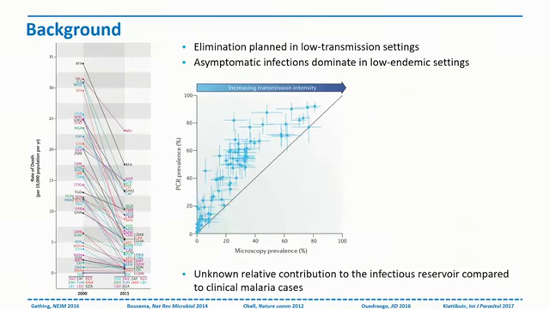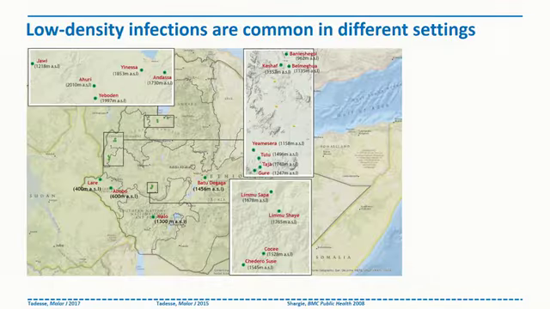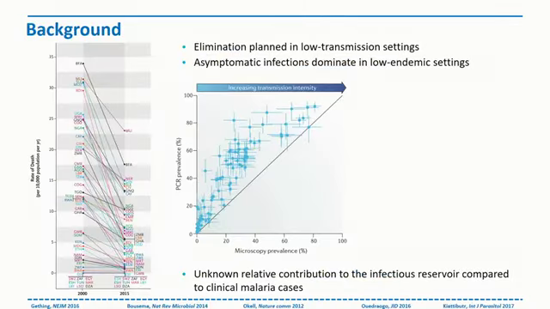Similar studies have been undertaken for vivax as well. But what's lacking from these studies is the relative infectivity of these low-density infection carriers to the infectious reservoir compared to clinical patients in the overall context of their proportion in the population.